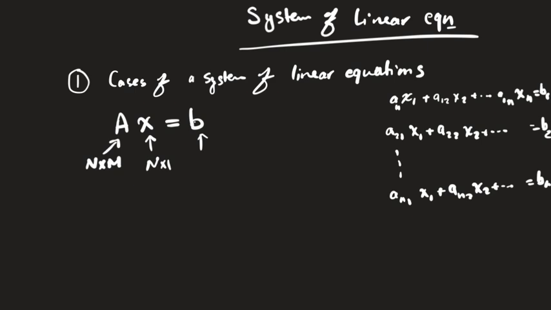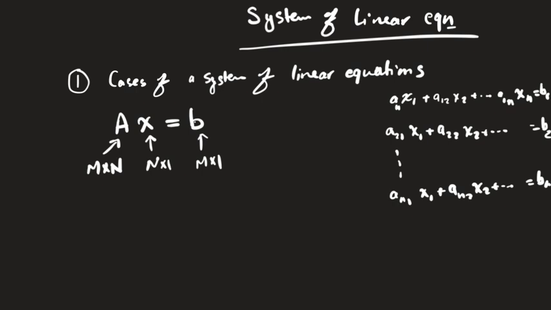Yes, m times 1, right? Then A should be m times n, since m is the number of rows, yes. So it should be the other way around. You're right. So this should be m times n. That's correct.